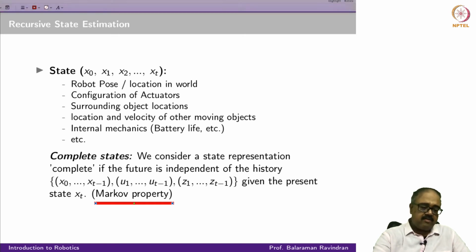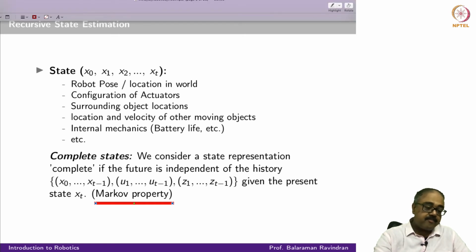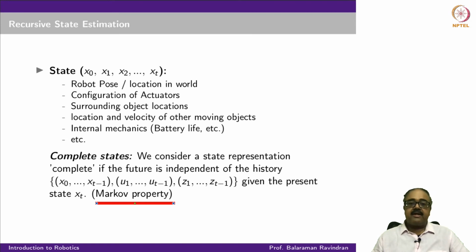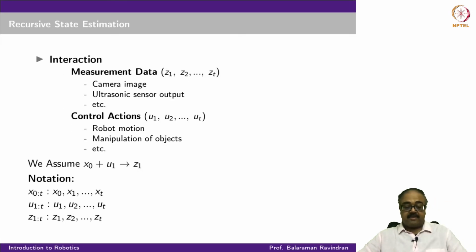So this we call the Markov property, right? And so we are going to assume that our states are complete, that they have enough information for us to make decisions, and that our states satisfy the Markov property, so that we don't have to worry about the past, okay?